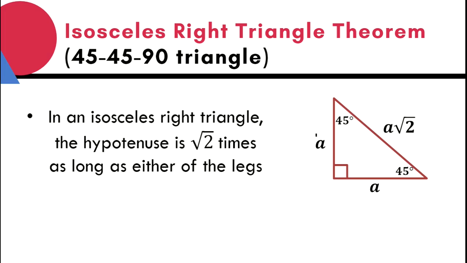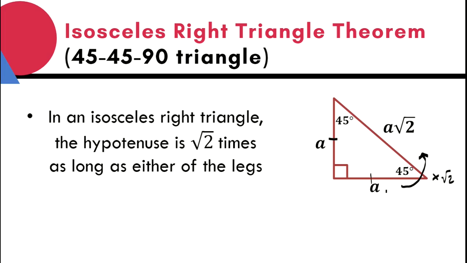Since this is an isosceles, its legs are congruent, or the measurements of the legs are just equal. Given the leg of an isosceles right triangle, to get the measure of the hypotenuse, just multiply the leg by square root of 2.